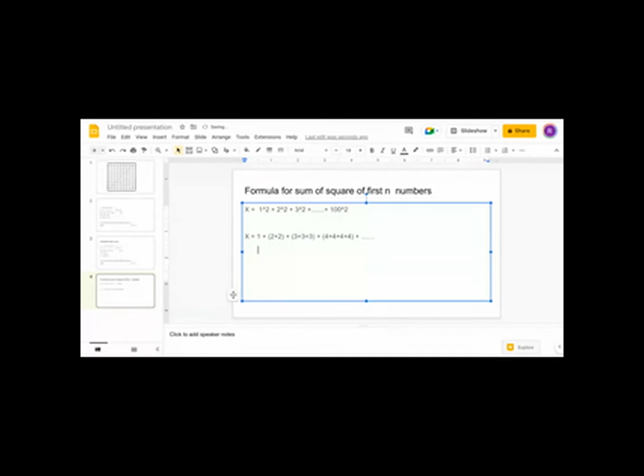So let's put, say I have 1. Let me write 2 plus 2 below it. Okay. 2. Okay. And then 3 plus 3 below it. 3 plus 3 plus 3.